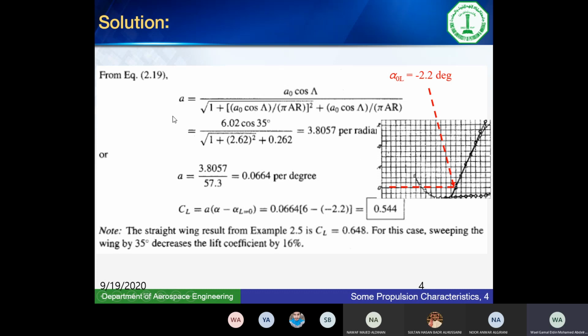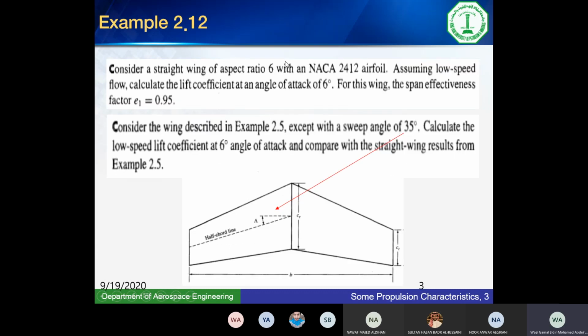Now for the straight wing, section example 2.5, it was straight, but it was finite. It has an aspect ratio of 6, so the half length of the wing is 3 times the chord of the wing.